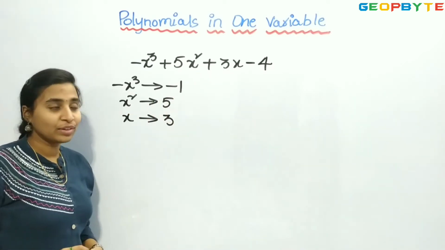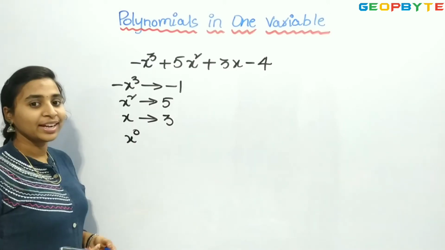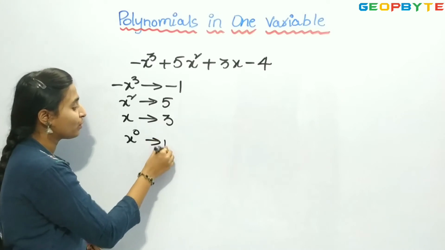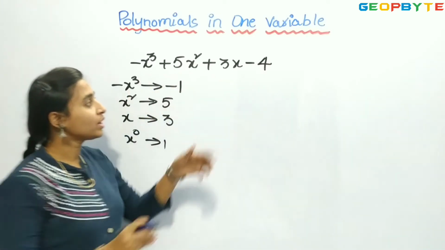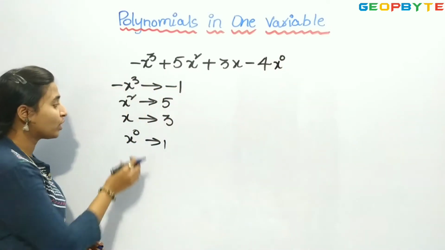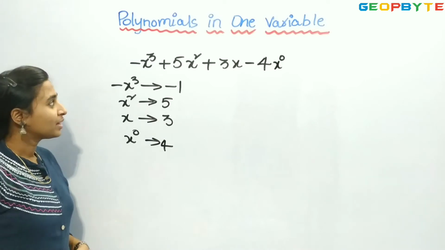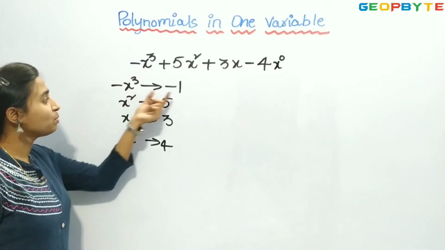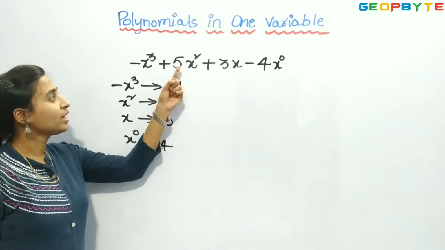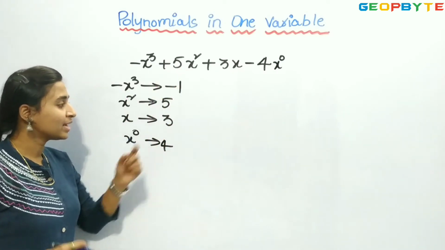For 4 we will be having x⁰, and x⁰ is nothing but 1. So 4 can be written as 4 into x⁰. The coefficient of x⁰ is 4. Now you see, for −x³, −1. For x² we have 5. And for x we have 3.